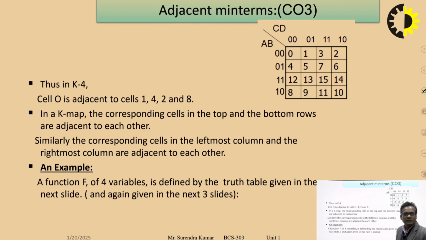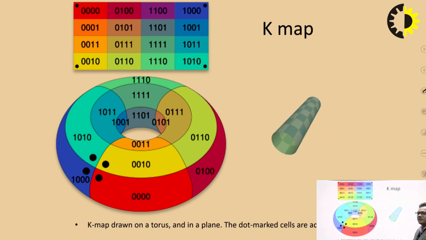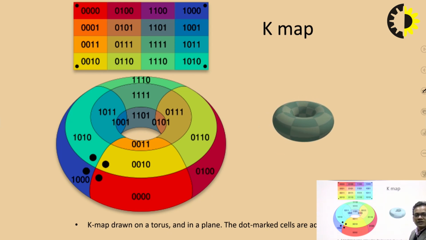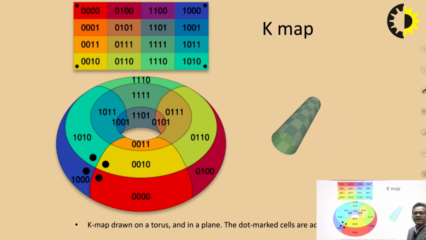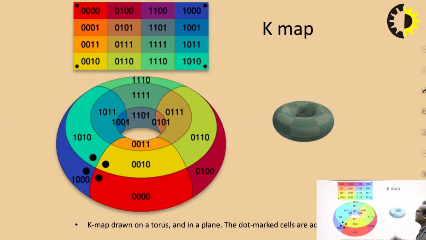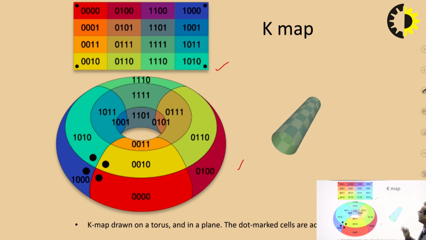Now we have this kind of representation using the K-map. A K-map is basically a two-dimensional structure which shows the adjacency of the cells, and those adjacent cells are combined in a group and the expression is reduced. These are different forms: this is a 2D form, and this is a 3D form of the K-map. This is how the K-map is created from 2D to 3D, with the help of this GIF.